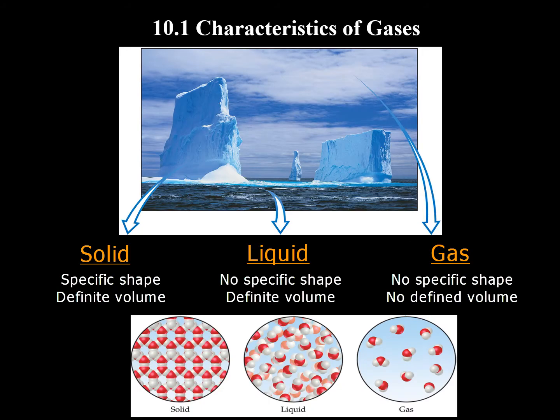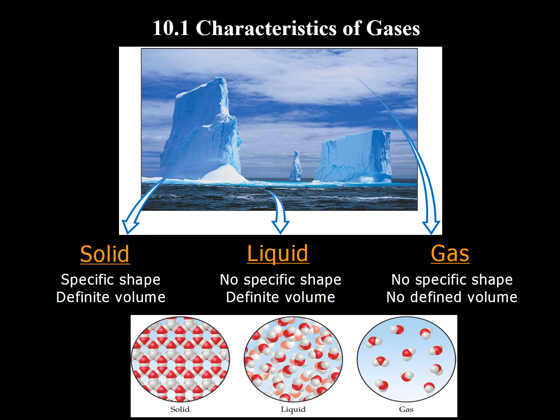So, characteristics of a gas. There are three forms: solid, liquid, and gas. If we take the example of water, in its solid form of ice, it has a shape and a definite volume. When it goes from ice to liquid water, it will take the form of whatever container it's in, whether it's the ocean, a cup, or a bathtub.